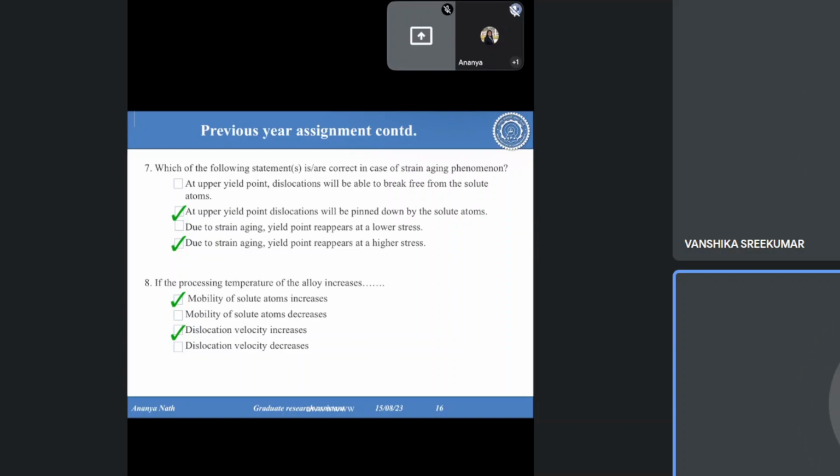But in DSA, due to higher strain rate, the temperature increases inside the material, which acts as a thermal activation for the solute atoms, and due to which the mobility of the solute atoms increases.